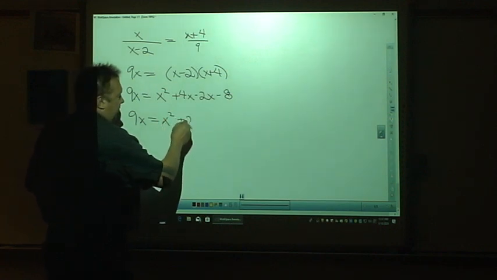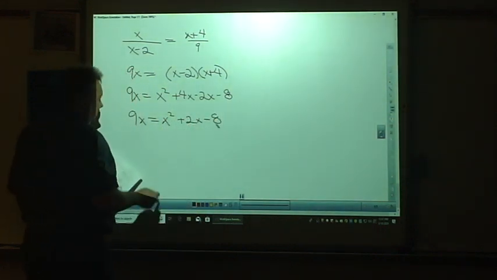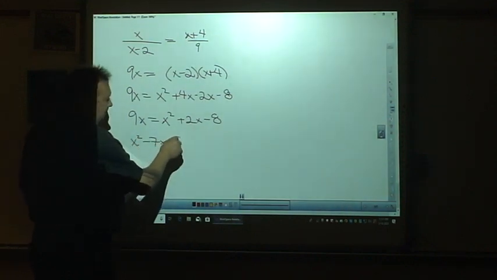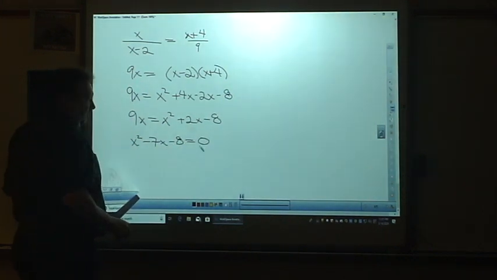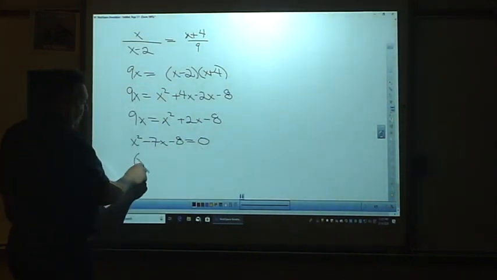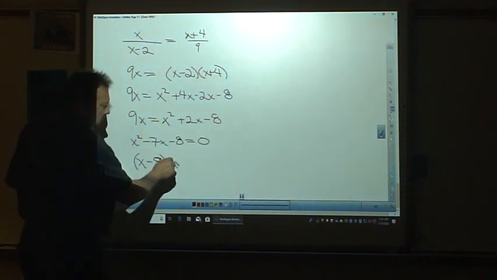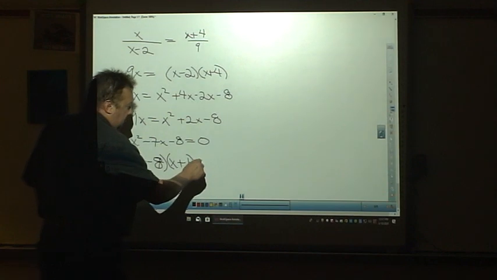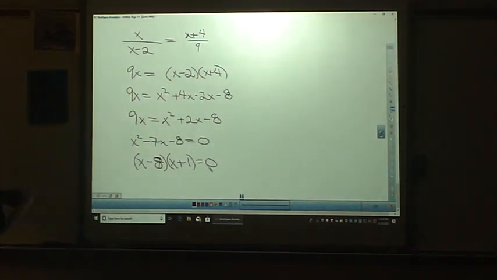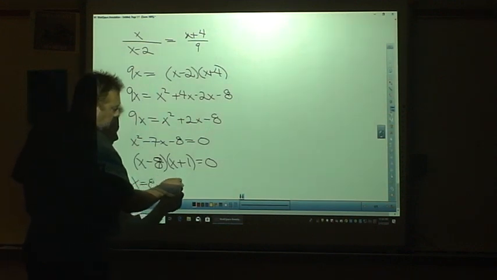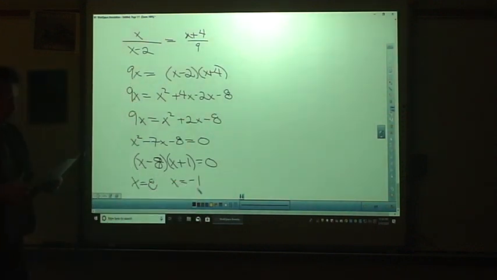X squared plus 2x minus 8. And when we take this over, we get x squared minus 7x minus 8 equals 0. Factor it. Equals 0. And solve each one. I don't think you'll see anything like that though.